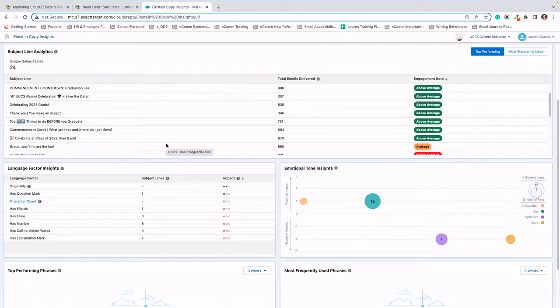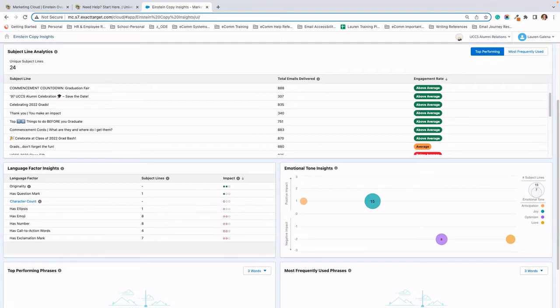If your model confidence is on the lower end and it's still working on gathering data, that call to action words impact might change over time. But generally speaking, that's what it's saying with the red dots, that it does have a negative impact from what Einstein has analyzed so far with the emails.